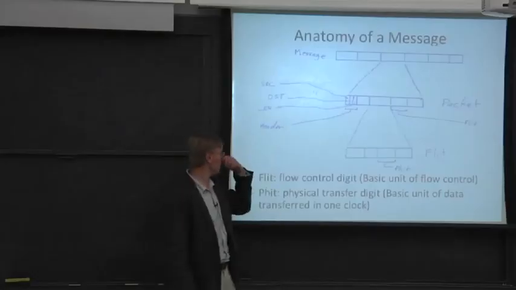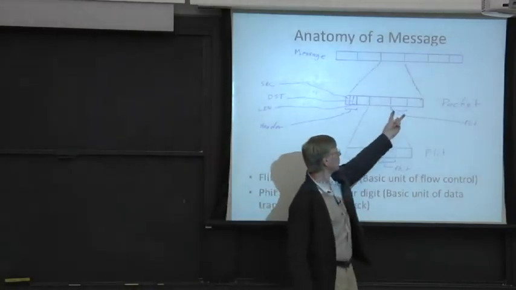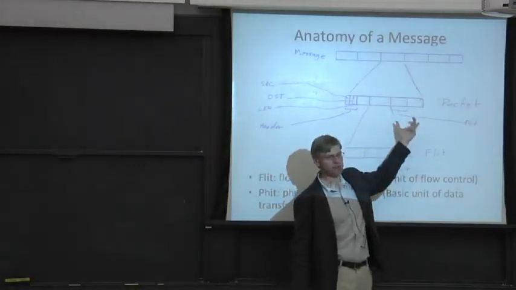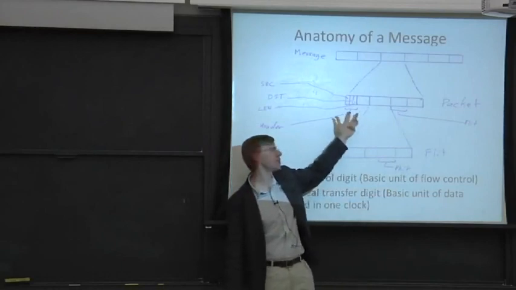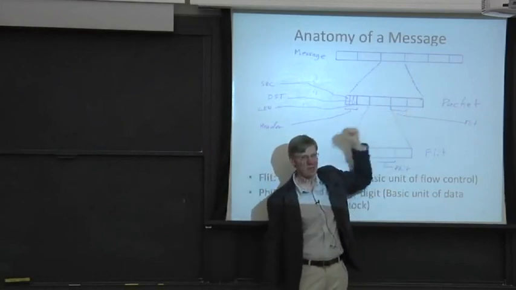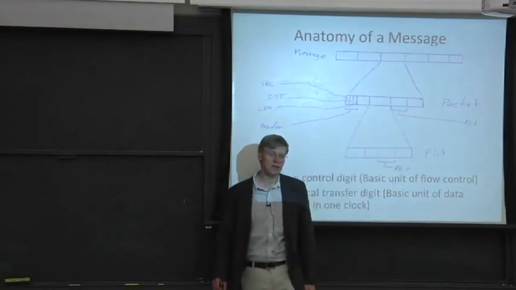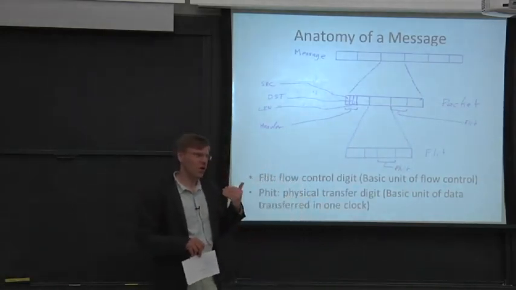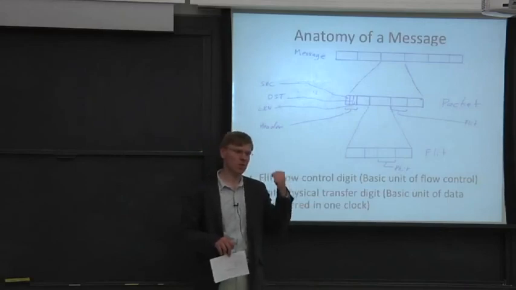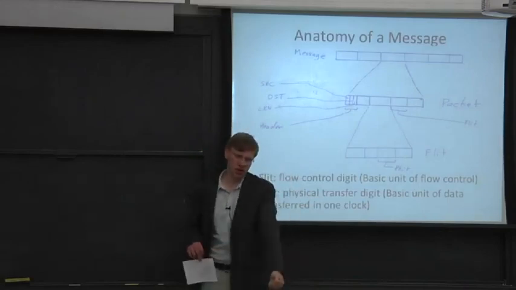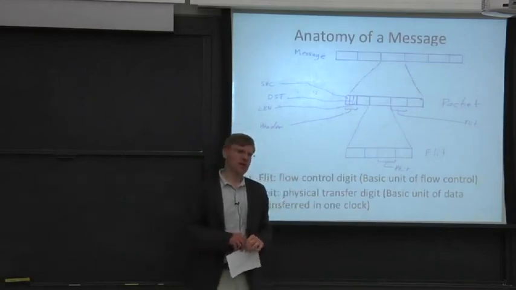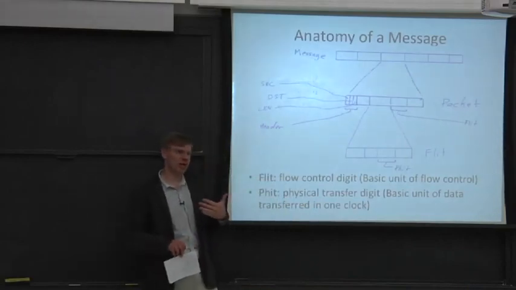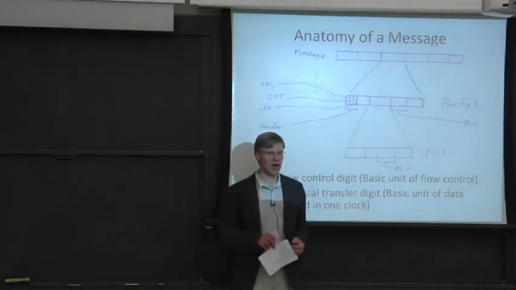And the reason we bring this up, sometimes a flit is actually equal to the whole packet. Sometimes it's a smaller piece of that packet, depending on how you build your network. But a flow control digit is what you are flow controlling on from one node to the next node. So this is what you track the flow control on.